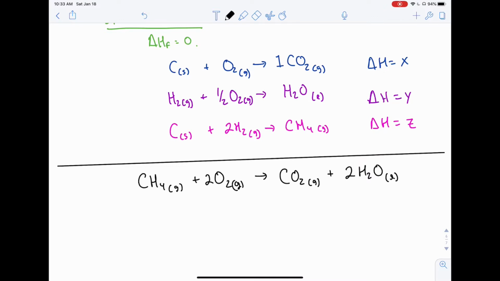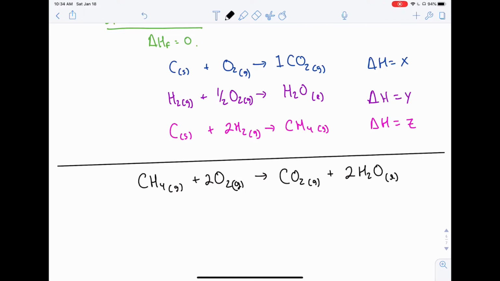Let's pretend this is my overall reaction I'm trying to solve for with these enthalpy of formation reactions. How would you solve this kind of reaction? This is general. What concept are you going to apply to solve for this overall reaction?